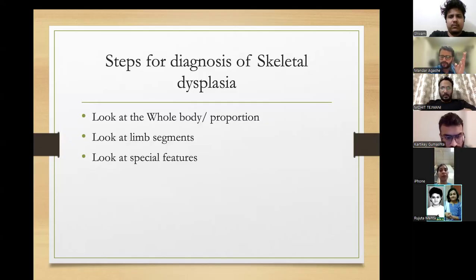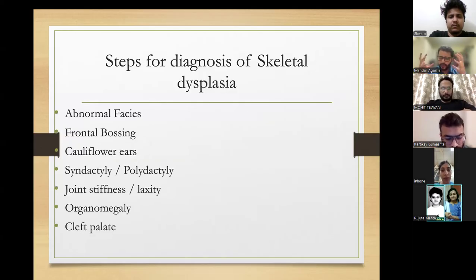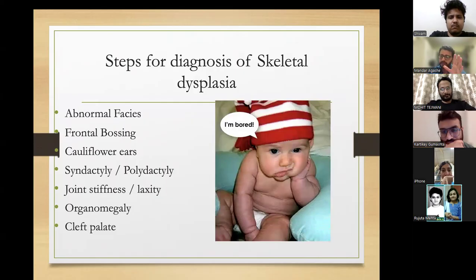And look for special features. You have abnormal faces, frontal bossing, cauliflower ears, and all these weird things which we bundle up into abnormal faces. All right. And by this time, the orthopedic surgeon's brain starts getting fried, because we don't like to think of anything much more than just X-rays. So this is the time when we get bored and look at X-rays.